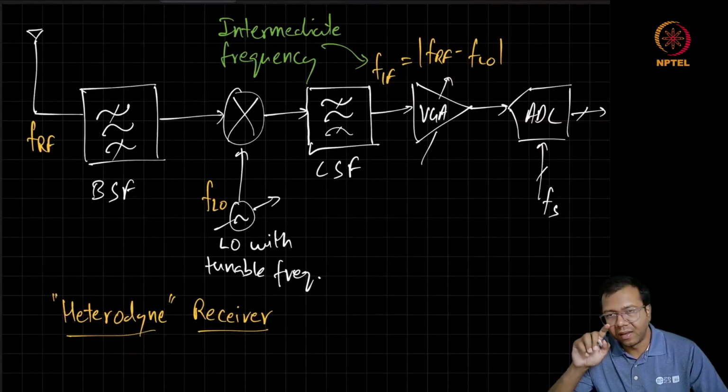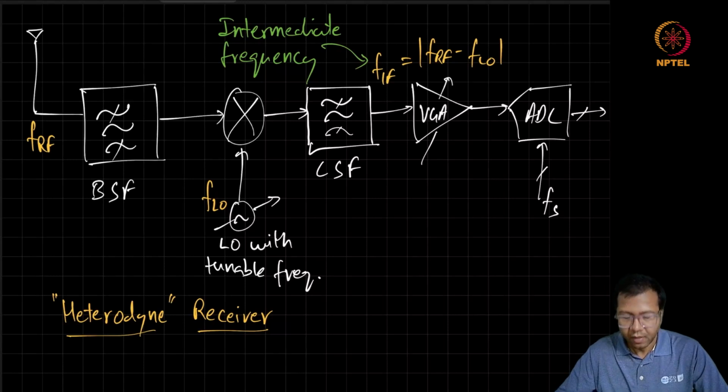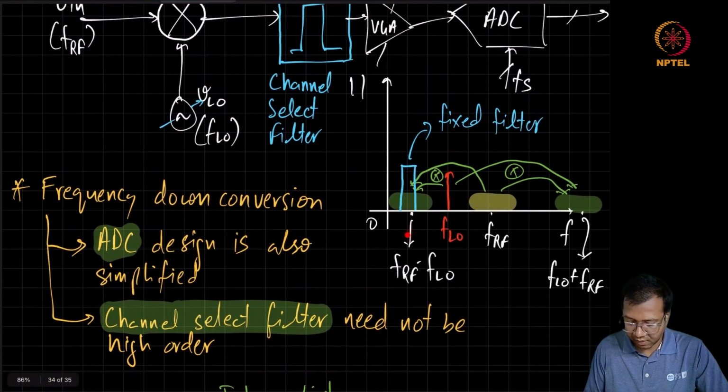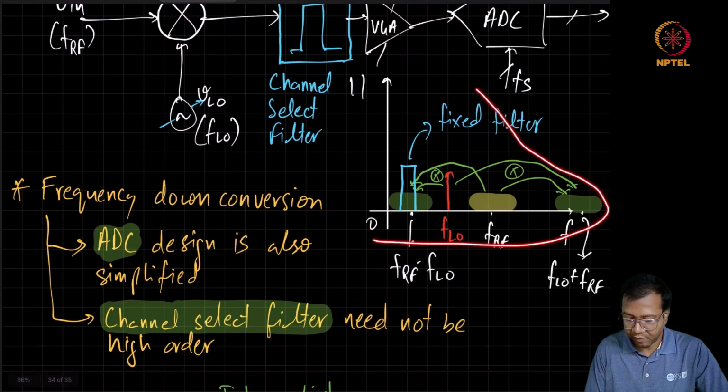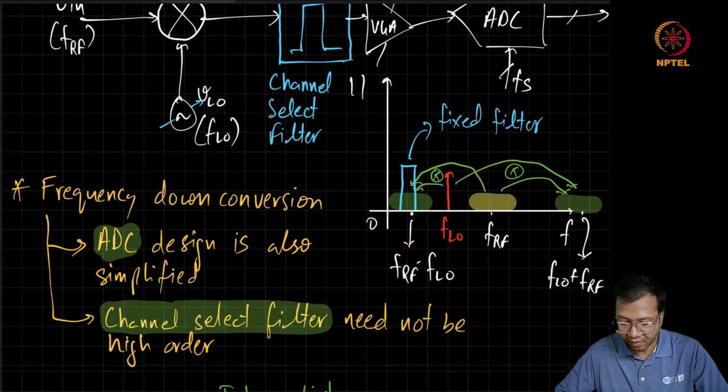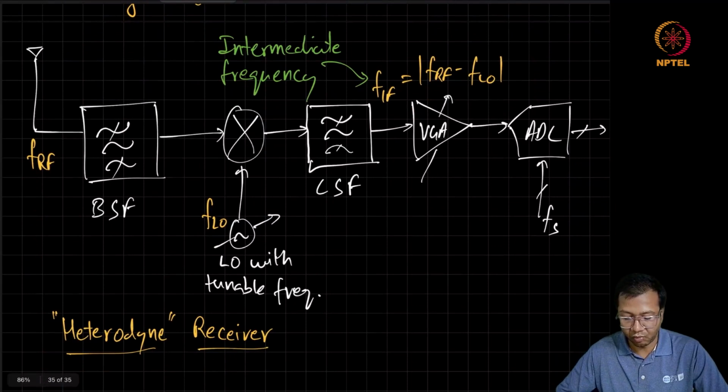Now we can see that there is a receiver which looks like it can perform the job satisfactorily. And to further understand what may be the difficulties or challenges in this architecture, we may have to revisit the spectrum of the signals which are present at the input and the output of this mixer.